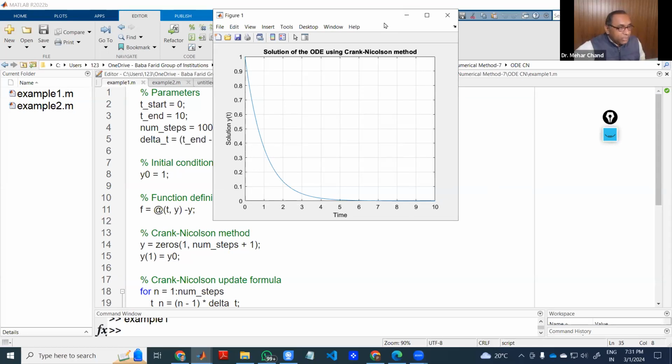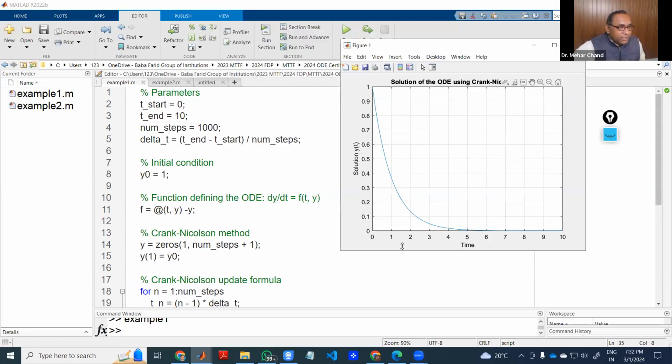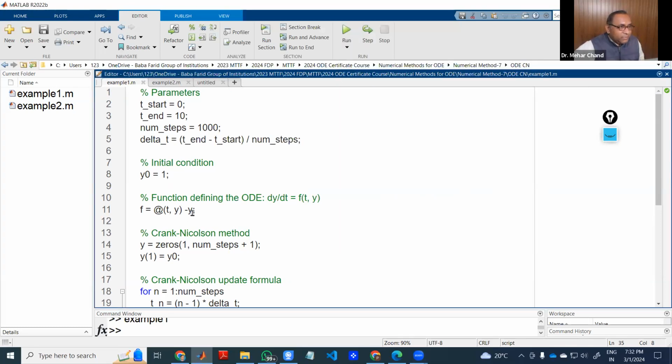You can do numerous experiments. For example, here this is for dy/dt equal to minus y.